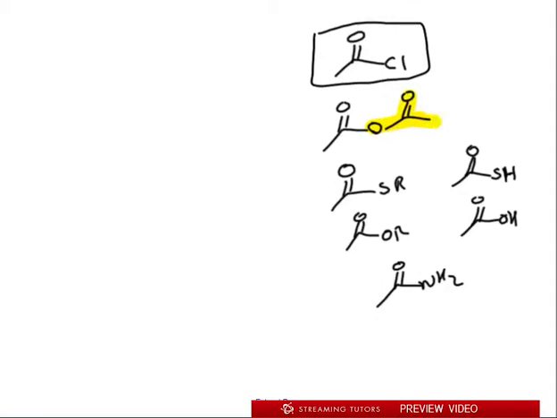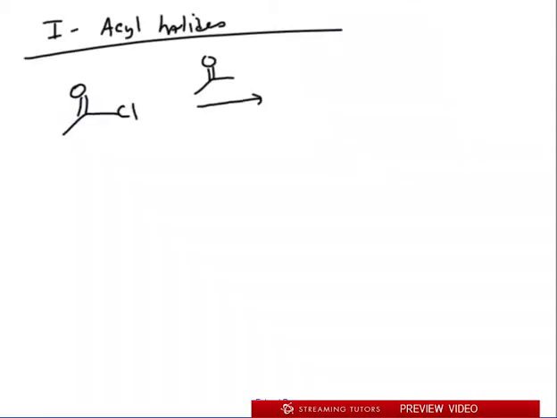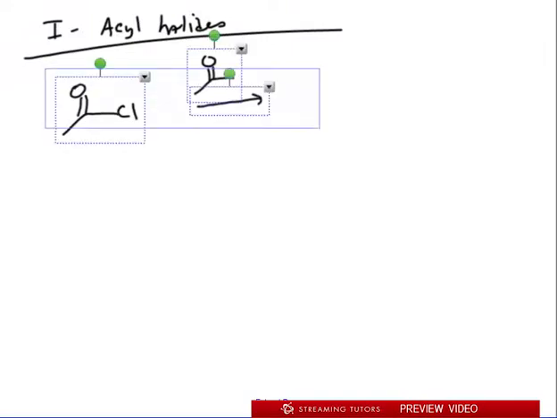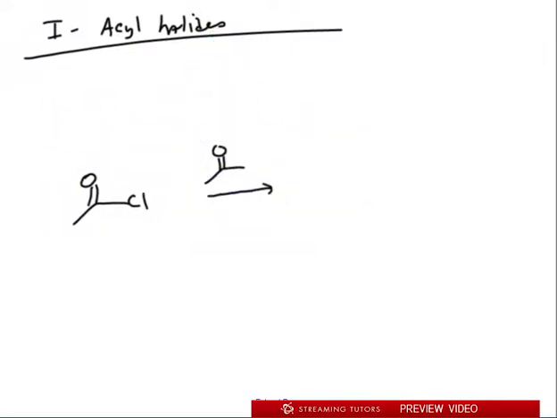Now it turns out that because this is the very top of our list, there's no catalyst or promotion required. You don't need a catalyst, because these halogens are such great leaving groups.